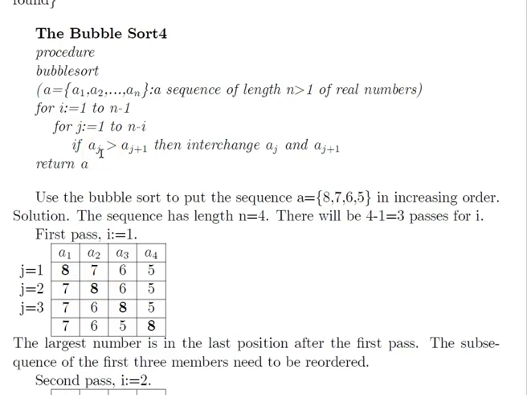If A2 is bigger than A3, and this is true, in A2 we have 8, in A3 6, 8 is bigger than 6, interchange those members of the sequence, so the sequence becomes 7, 6, 8, 5, and the inner for loop is executed for j equals 3.